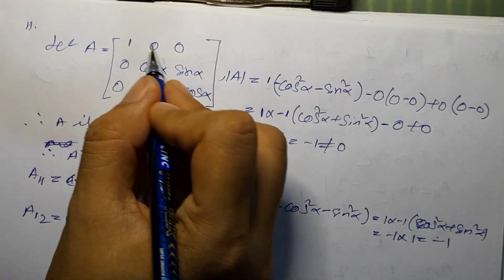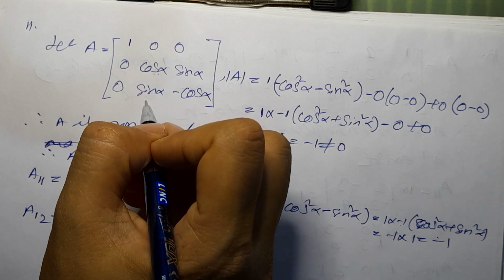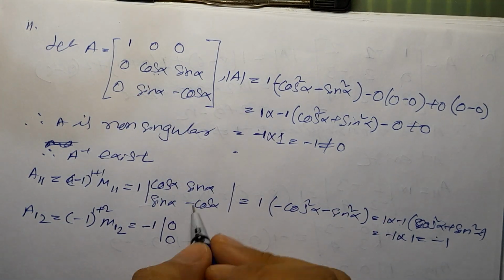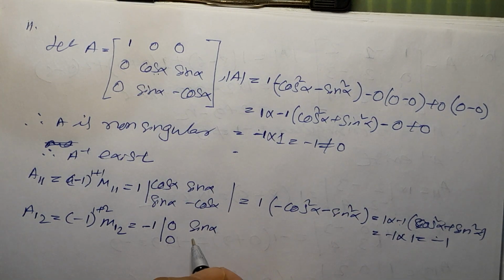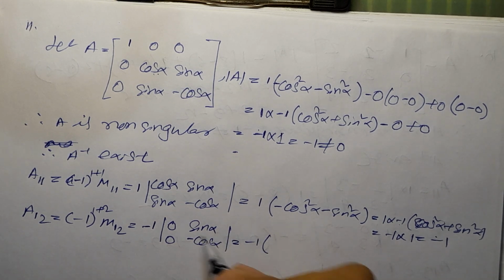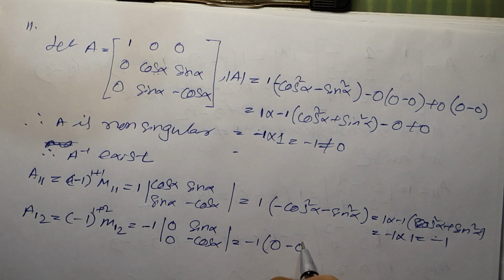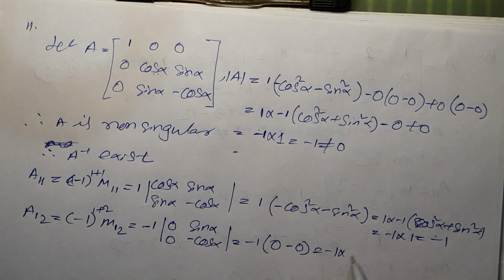Eliminate the first row and second column: 0 0, sin alpha, minus cos alpha. Minus 1 bracket, it will give 0 minus 0, so minus 1 into 0 is equal to 0.